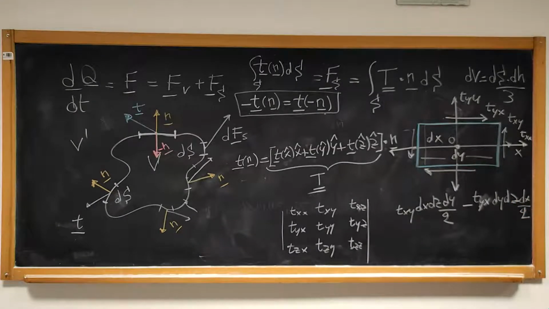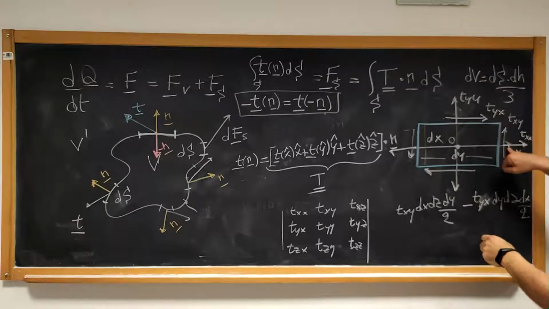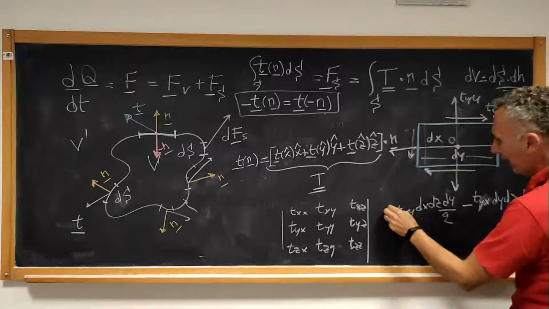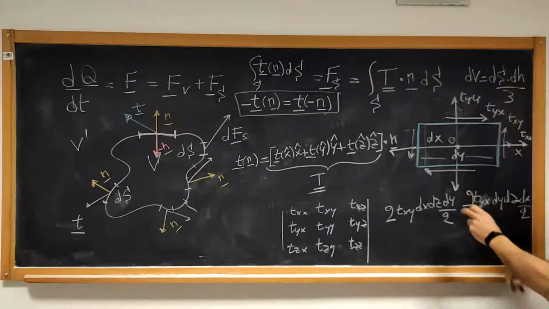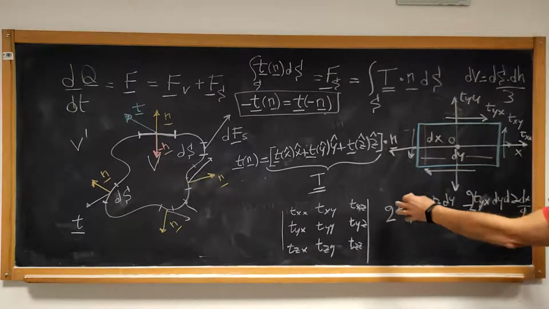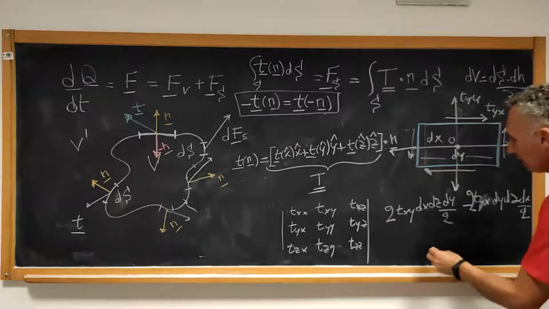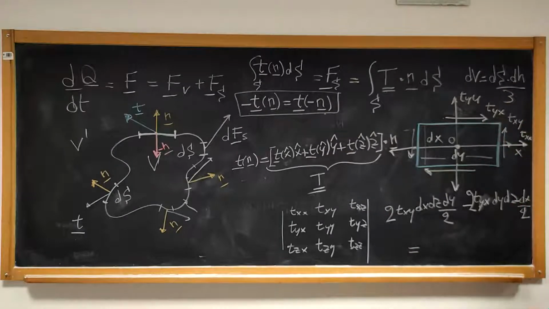Okay, so this one would be actually the same as this. Here there is the normal pointing in the opposite direction, so we can write a 2 here, a 2 here, and we have summed up also these contributions. And this is the moment of the external loads, and now this would be equal to what?